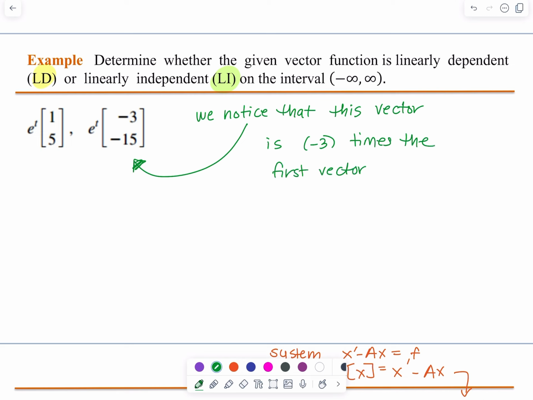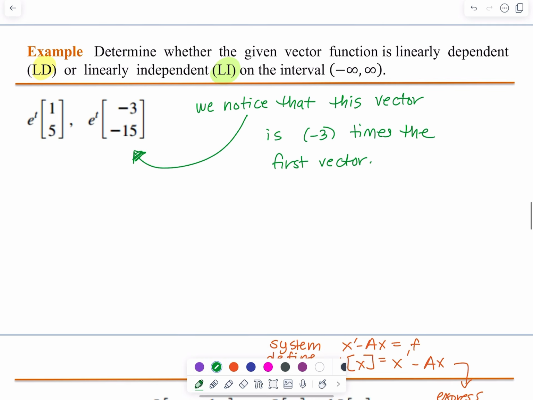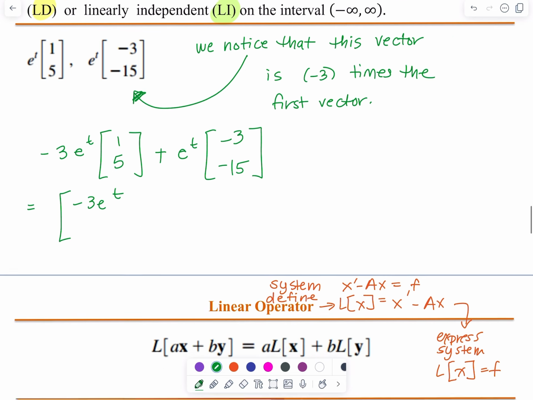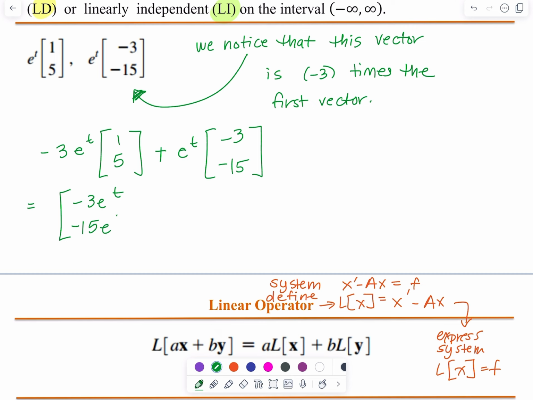So basically we're saying that negative 3 multiplied by this vector plus this vector are equal.